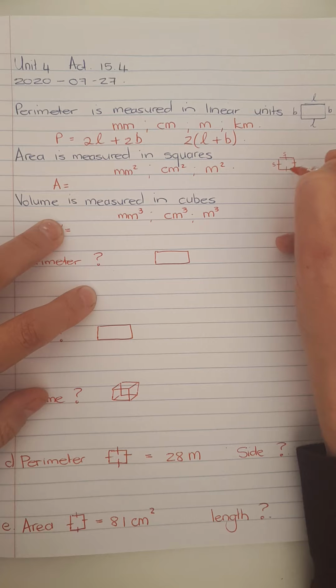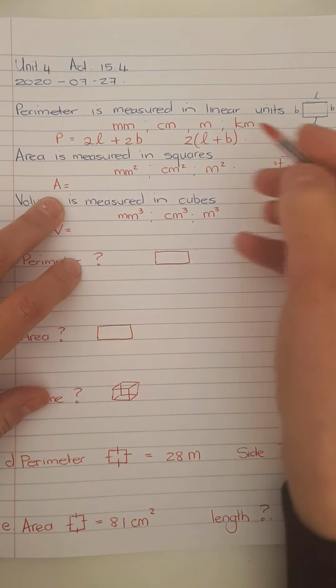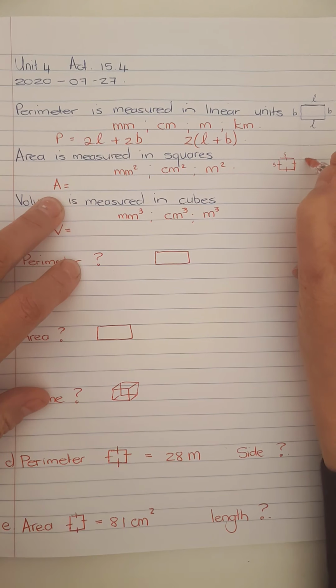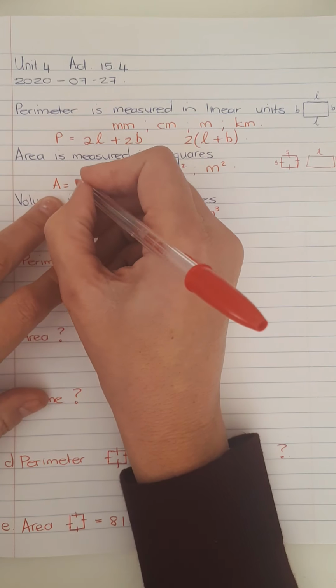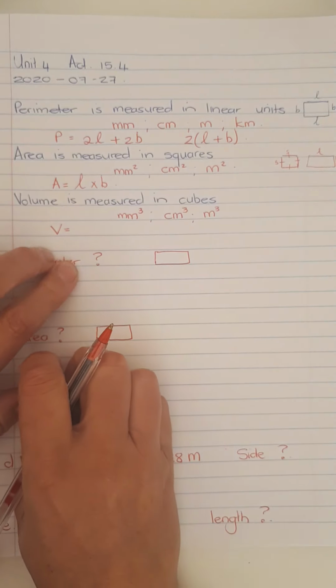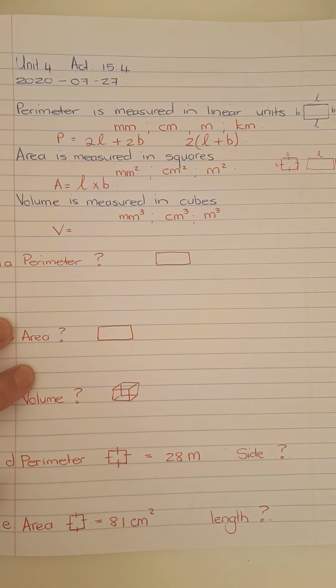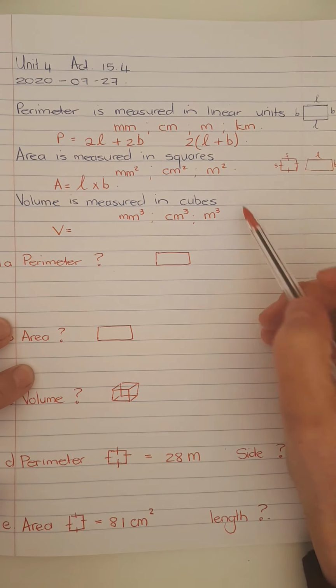That's what a square is all about. But if I have a rectangle, it will be the length over there and the breadth over there. So area will be measured in length times breadth, or side times side if I'm working with a square specifically.